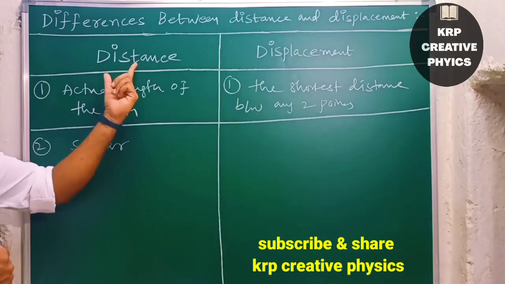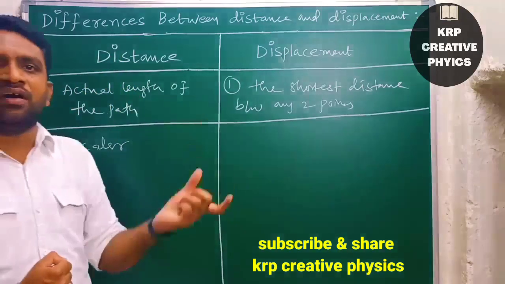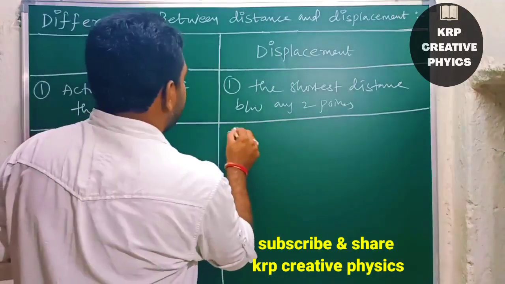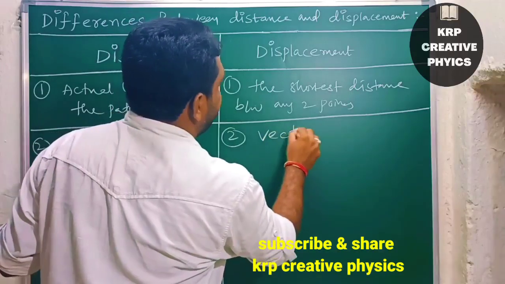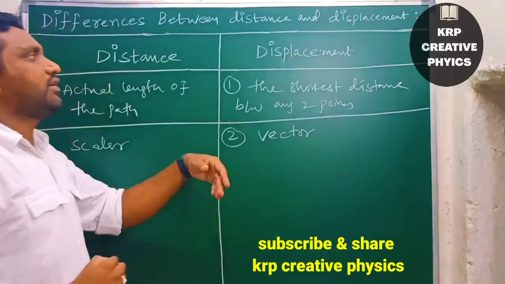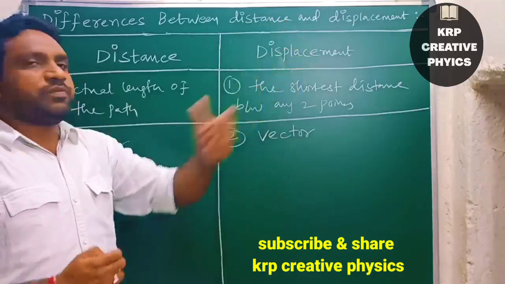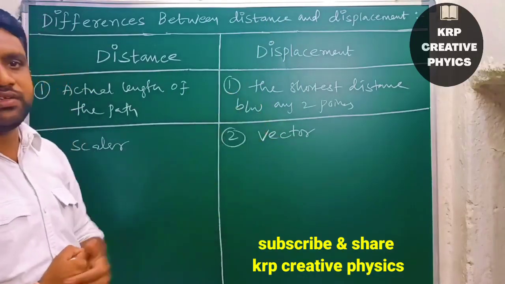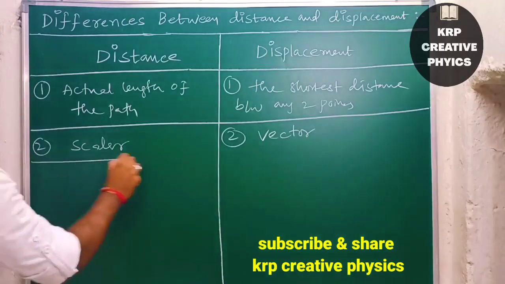So here distance is not dependent on direction, so it is said to be a scalar quantity. Then what about displacement? Displacement is a vector quantity. Why? Because displacement is dependent on direction, so it is considered a vector quantity. So that is the next difference.